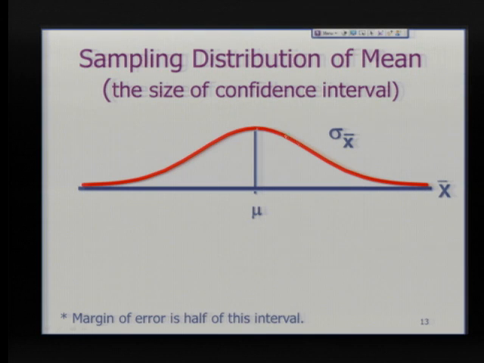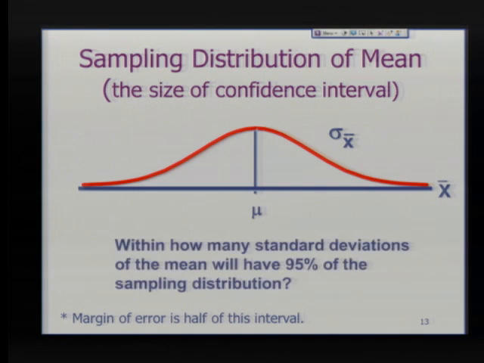Then the distribution of the sample mean will be bell-shaped, and that sample mean distribution has a standard deviation. Remember, it's the standard deviation of the population divided by the square root of n. When we construct a confidence interval, we make use of this distribution of the sample mean to decide the size of the confidence interval.